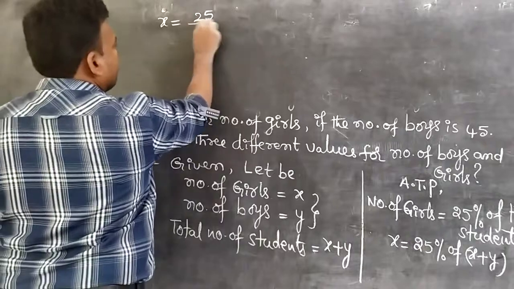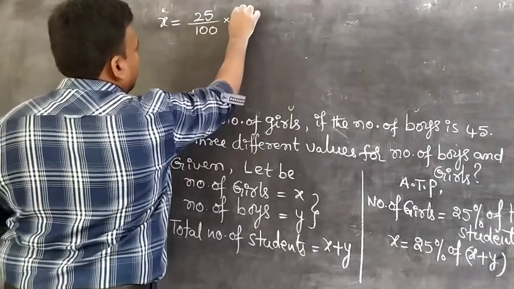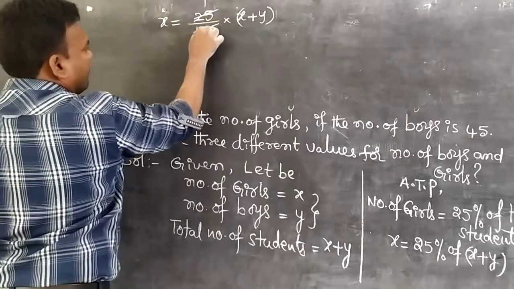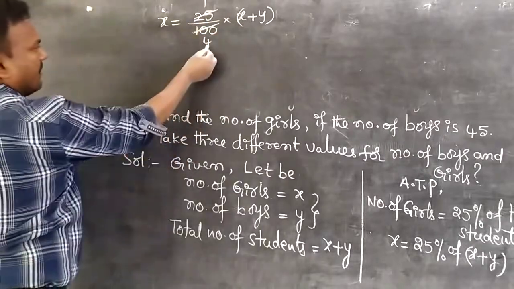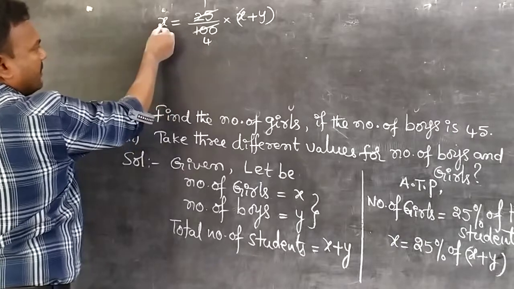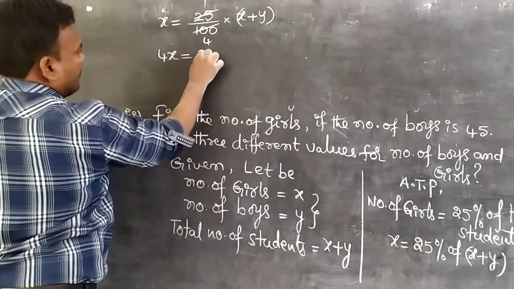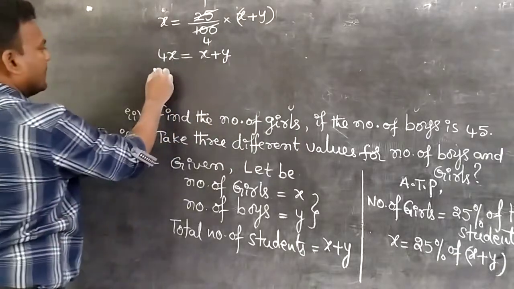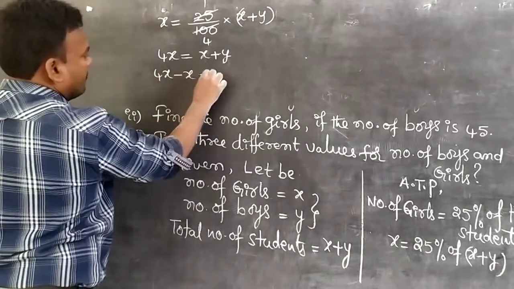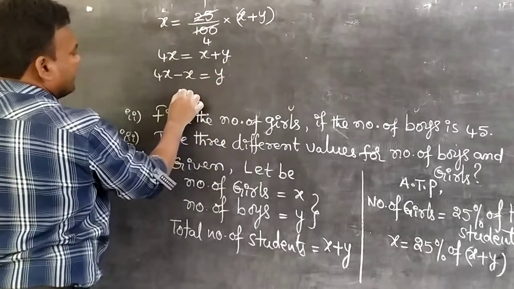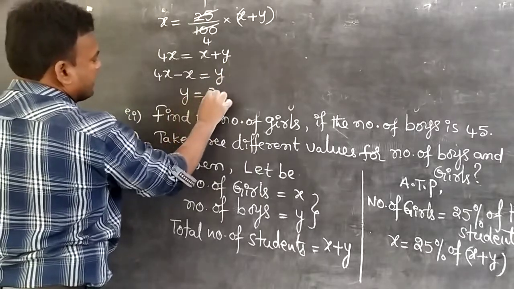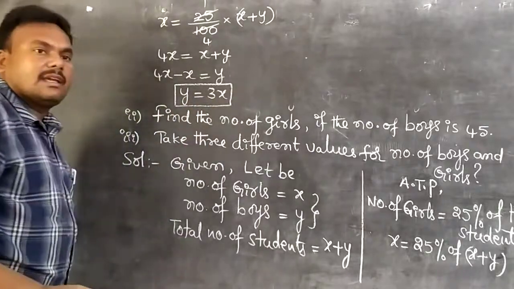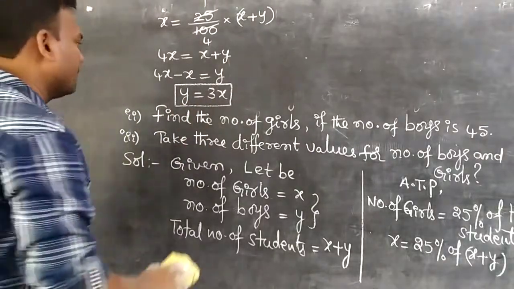So 25% means 25 by 100 of X plus Y. 25 ones are 25, 25 fours are 100, so 4 is divisible. 4 into X, 4X equals X plus Y. Plus X transferred to the right side becomes minus. So 4X minus X equals Y. So finally Y equals 3X. This is the linear equation in 2 variables, students.